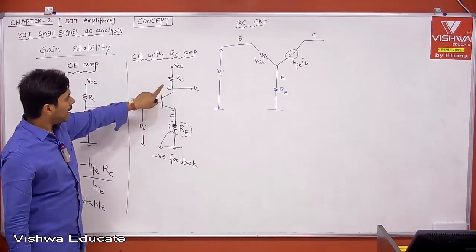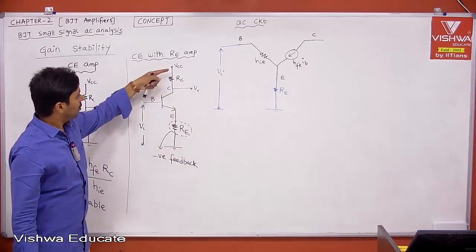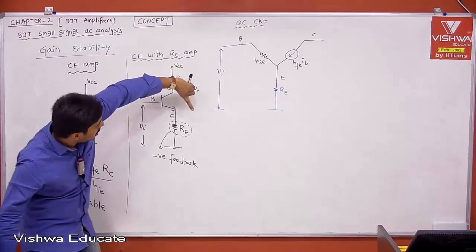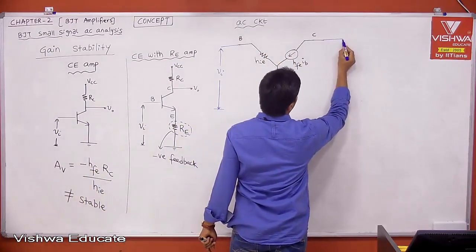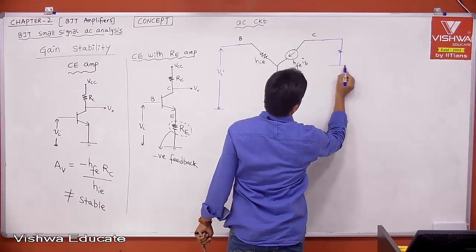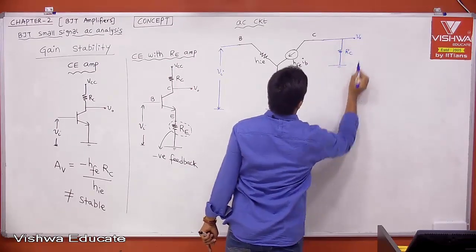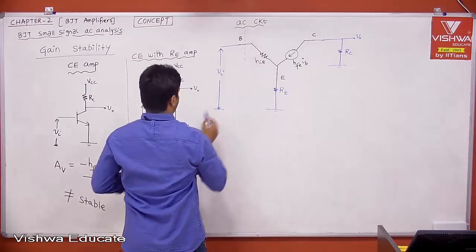Between collector and ground, for the AC circuit VCC is connected to ground, right? Therefore VCC is connected to ground, and between collector and ground RC is connected. This is your RC and this is your V0. Therefore this is your amplifier.